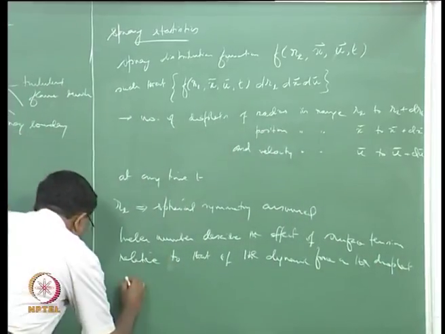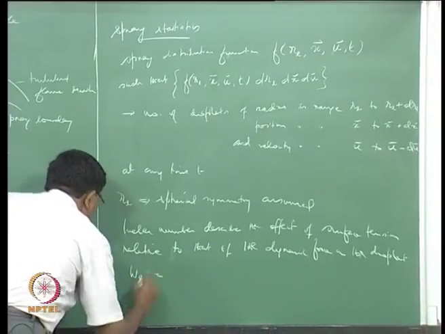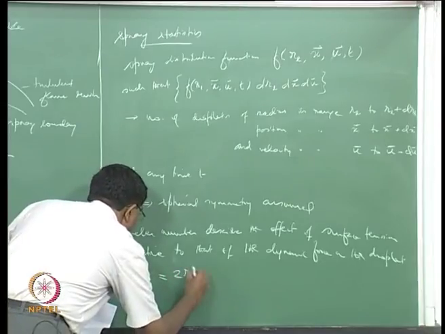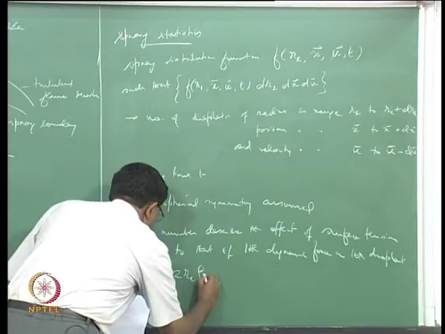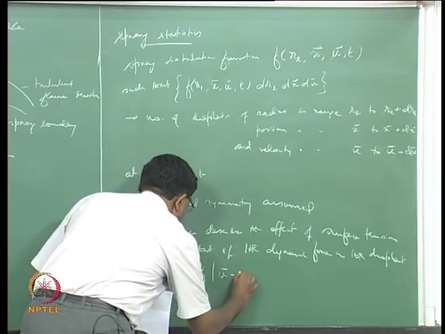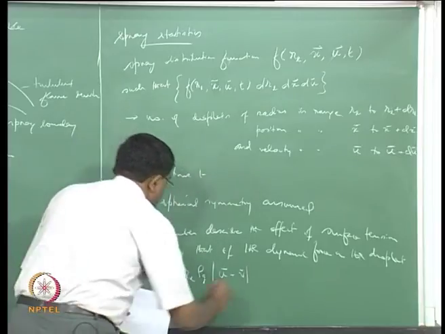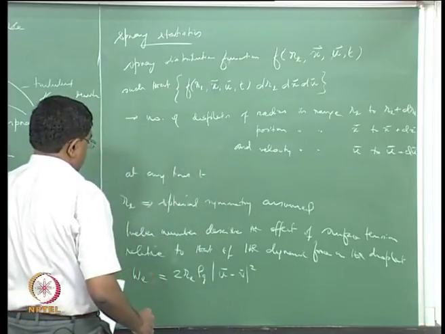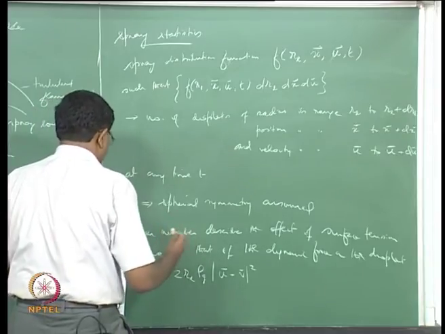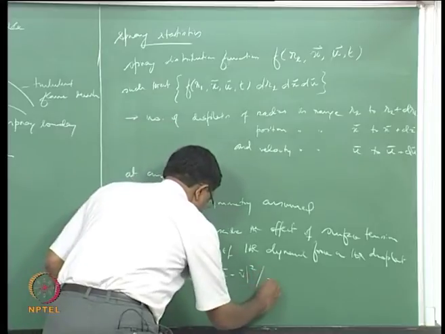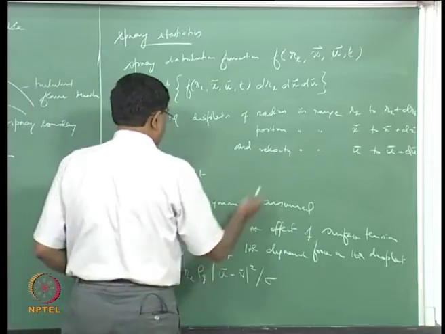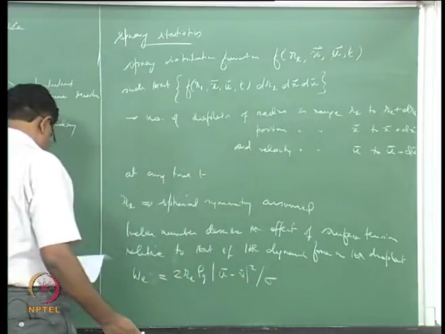So We, that's the symbol for Weber number, is 2r_L, that's the diameter, times gaseous density times modulus of u vector minus v vector the whole squared, that's the relative velocity between the droplet and the ambient gas, divided by sigma, which is the surface tension. So u is the droplet velocity, v is the gas velocity.